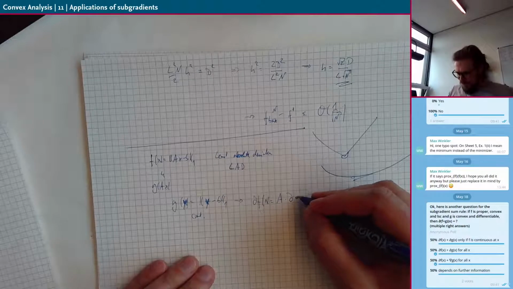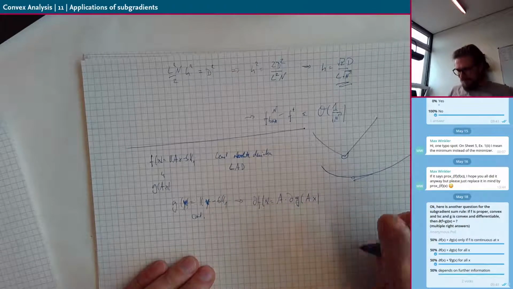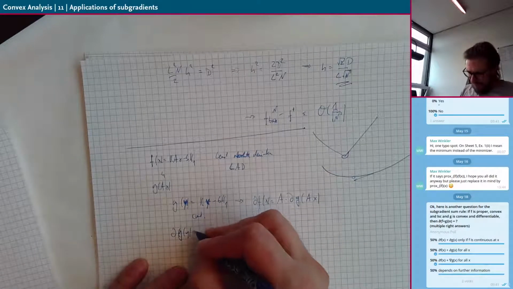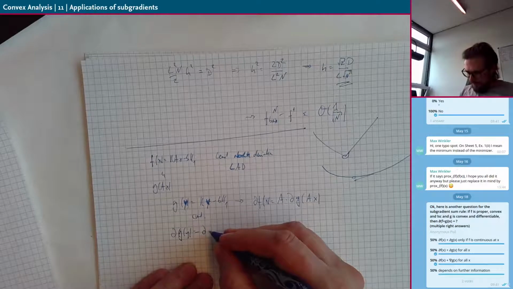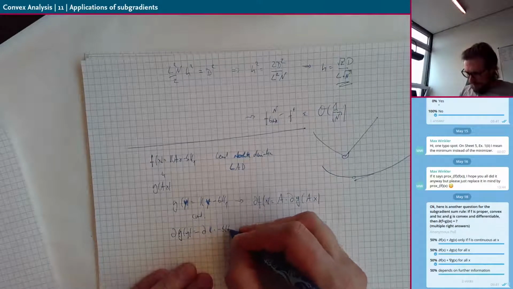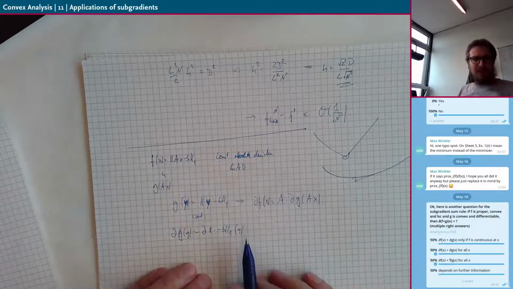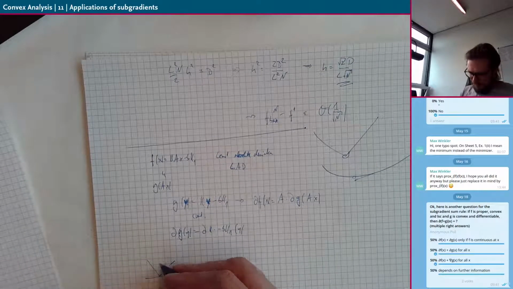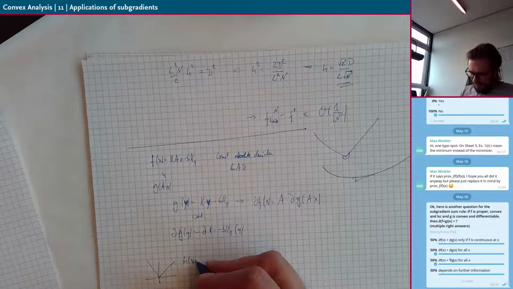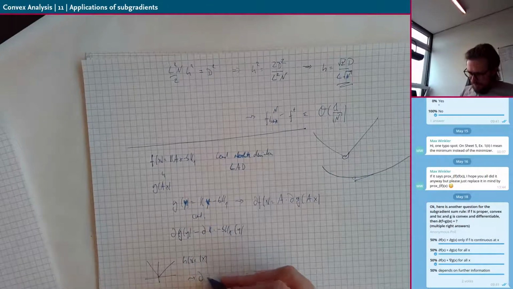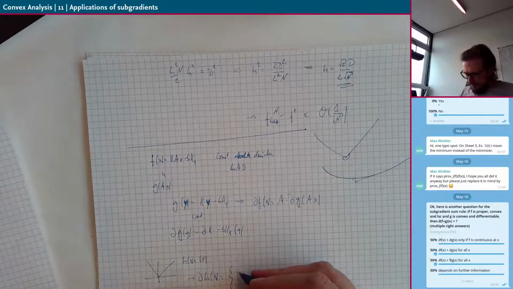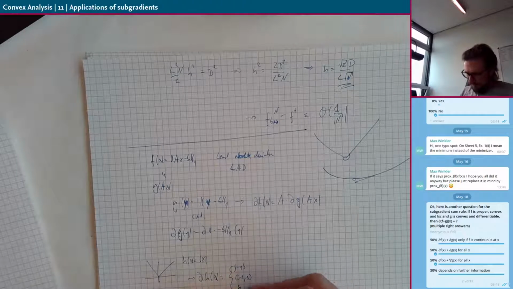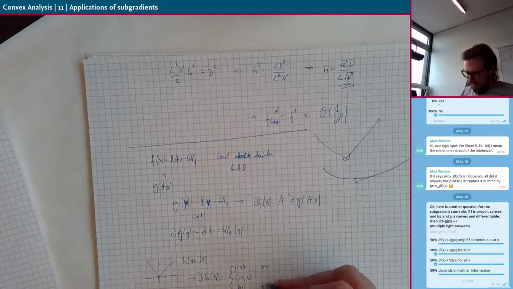So what's the subgradient of g? The subgradient of g at y, we did take the subgradient of the absolute value once. So if you just have the absolute value, say h of x is the absolute value, then we calculated that the subgradient is minus 1, 1, or the full interval, depending on x negative, x positive, x equals 0.